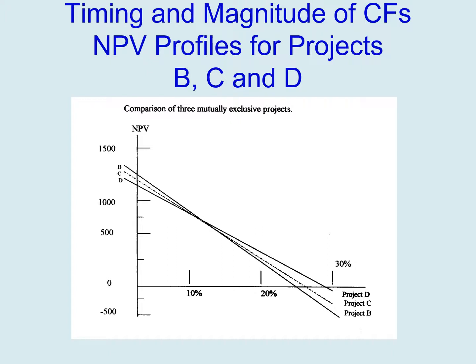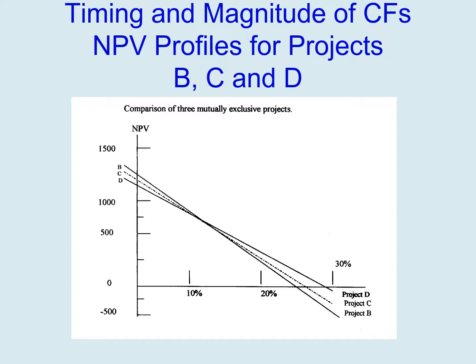So as you increase the discount rate from 10 to 20 to 30%, those year 5 cash flows are getting penalized much more severely than cash flows that would have occurred in years 1, 2, 3, and 4, right? Again, the discount rate increases exponentially.